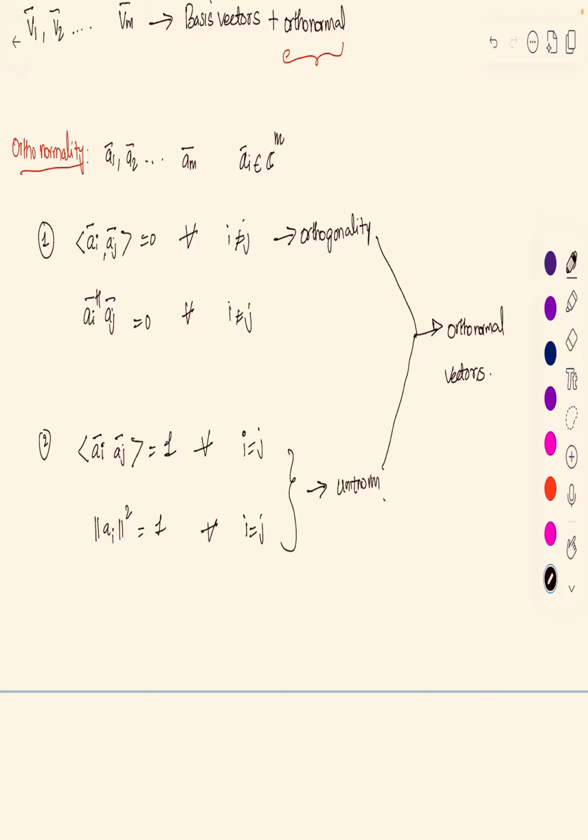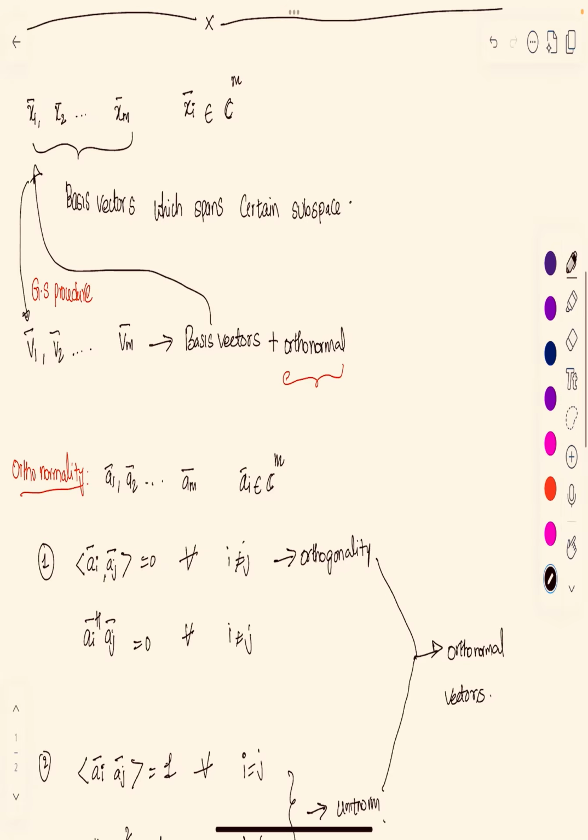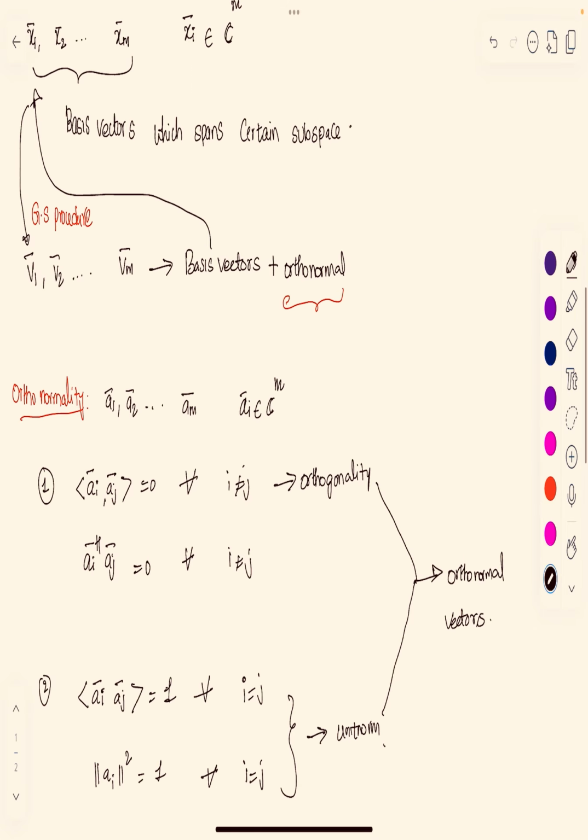Okay, so now the setup is clear. The set of vectors we are aiming for, v1 bar, v2 bar, and so on, vm bar, should possess orthonormality, meaning it should give us orthogonality, and it should also have a unit norm.